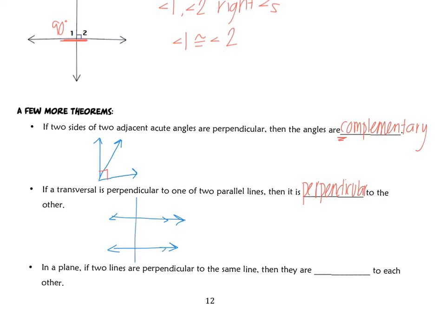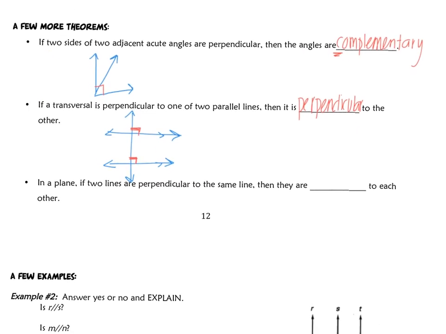It's saying if a transversal is perpendicular to one of two parallel lines, then it will also be perpendicular there. You can see that by corresponding angles, actually. If this above and to the right angle is 90, that means the corresponding above and to the right will also be 90 because of the parallel lines. Okay, use that to help you.